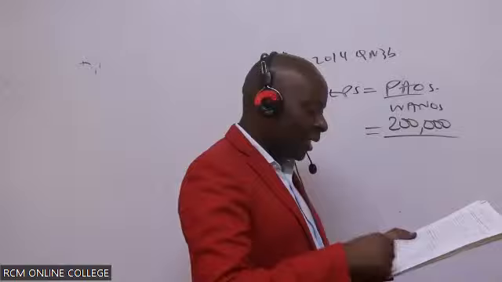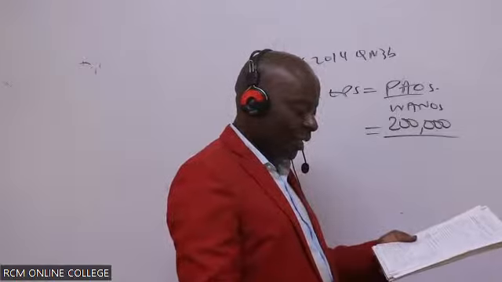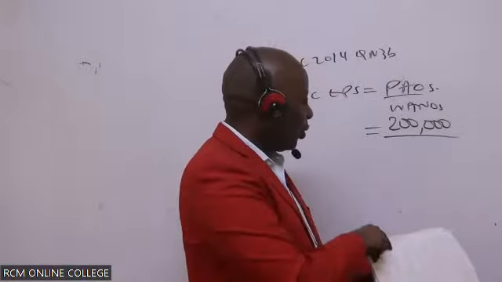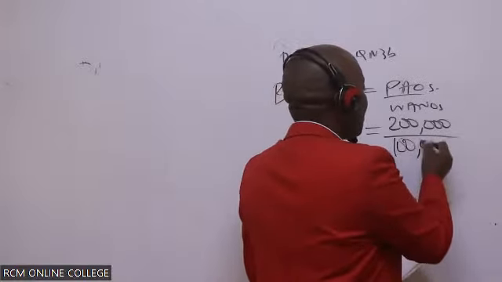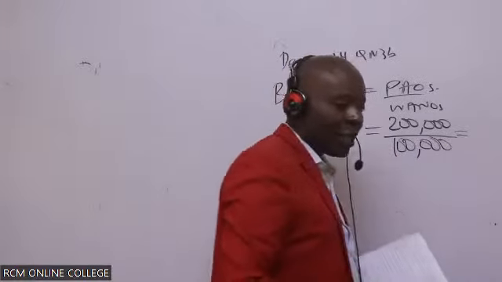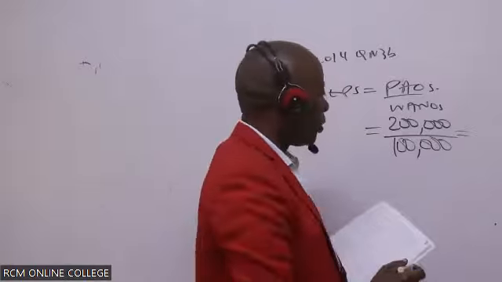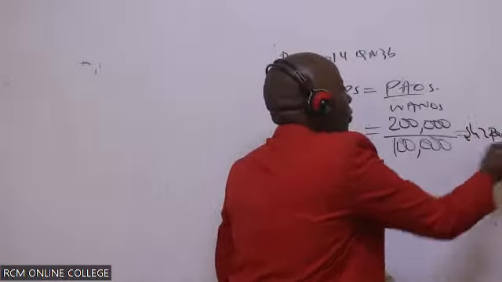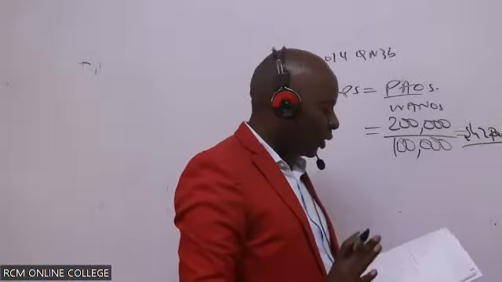There is nothing like a new issue there which will affect us, and we won't need to do any weighting. So simply, you take this one and divide by 100,000, the number of ordinary shares outstanding, which gives us shillings 2 per share. So number 1, done and dusted, shillings 2 per share.